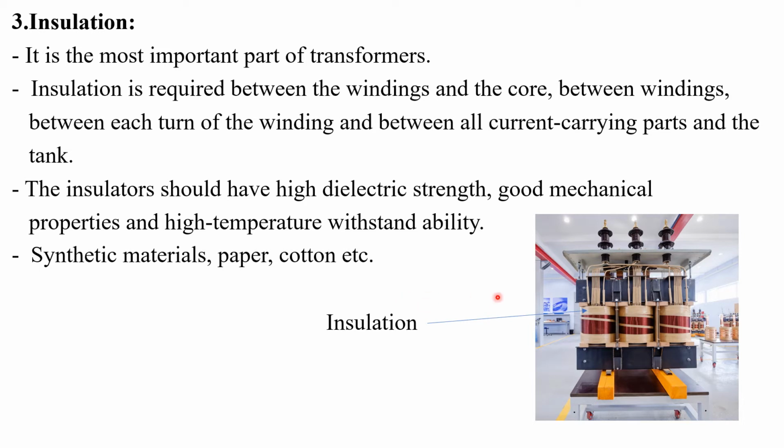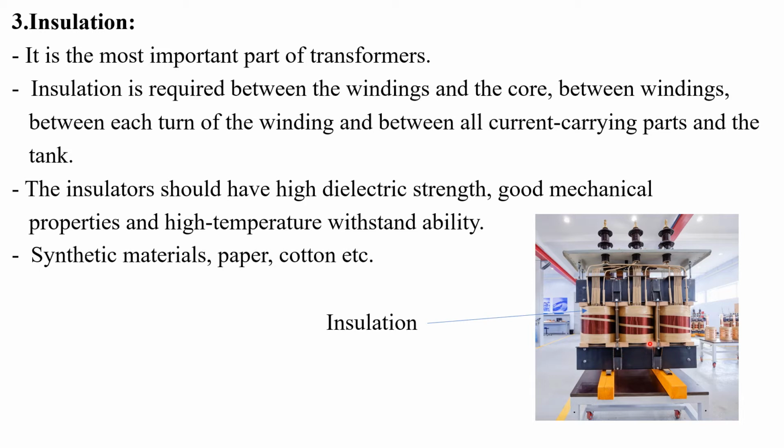The insulation materials must possess high dielectric strength, good mechanical properties, and high temperature withstanding ability. Because of the flow of high current through the windings, heat losses will be there, so the insulation must withstand high temperature, based on Joule's law.